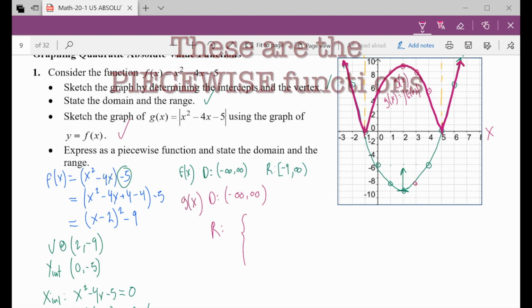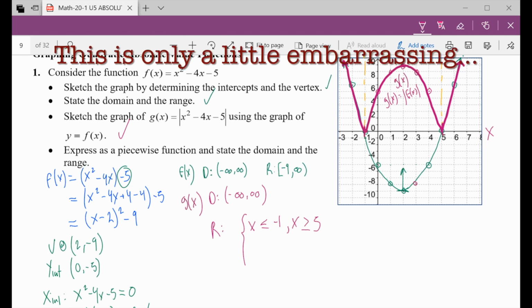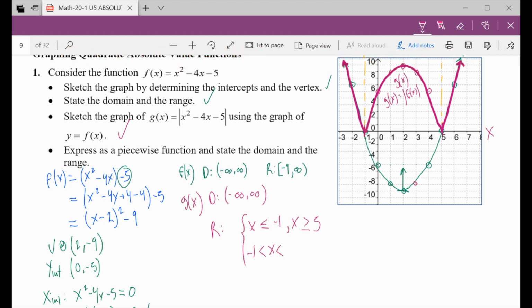There's going to be a part of the range for which x is less than or equal to -1 and greater than or equal to 5. We have to define that part of the range. But now there's also going to be a part of the range in between -1 and +5, so that's -1 less than x less than 5.